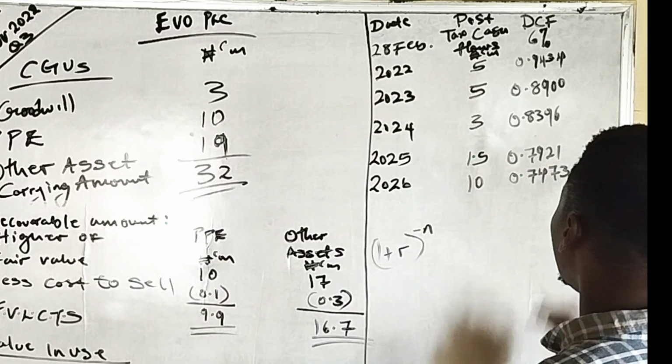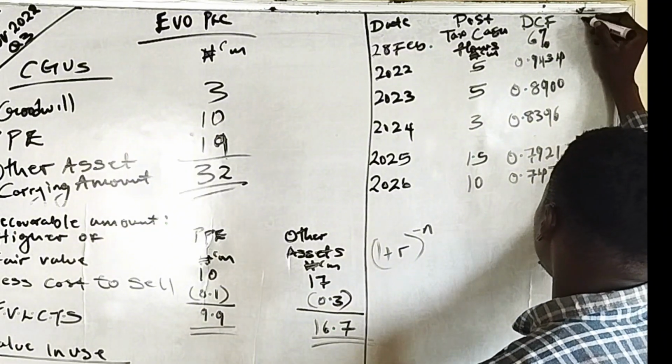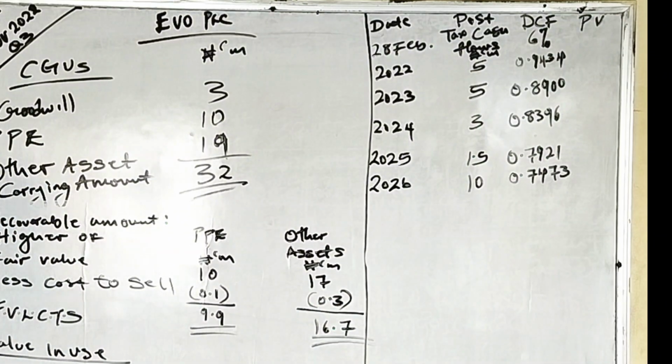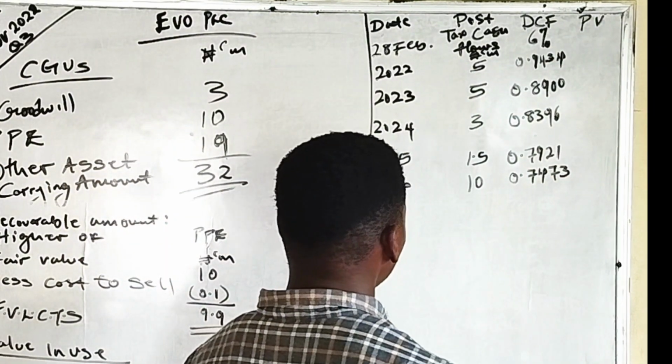So these are the discounting rates. Then we now have the present value. So here we are going to multiply each of them by the discounted rate.